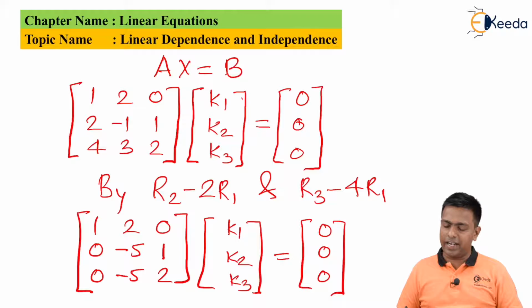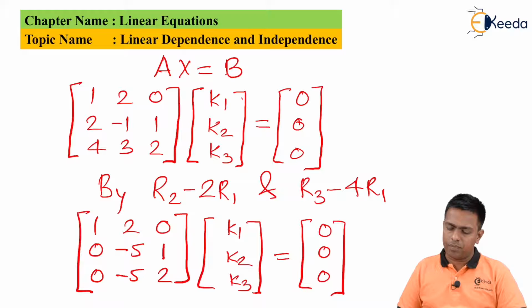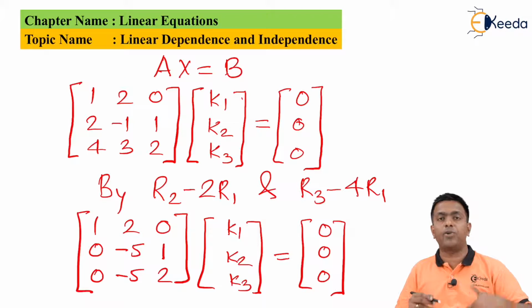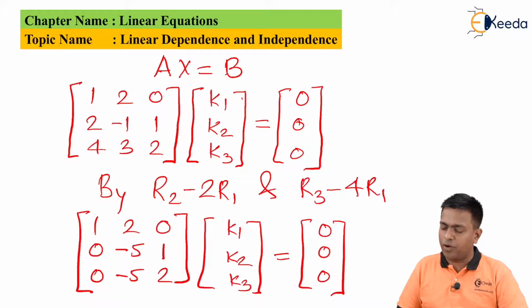Now guys, after getting zeros here, to get the echelon form, we should get 0 here. So we know that in echelon form, we should get more zeros in each row as compared to the previous row. So in the first row, there are no zeros. In the second row, the first element is 0. So in the third row, we should get these first two elements as 0.